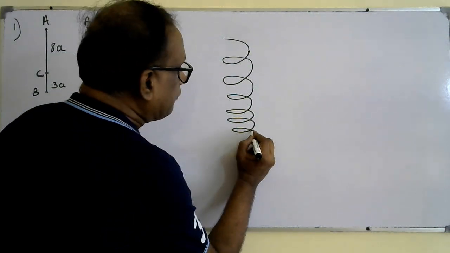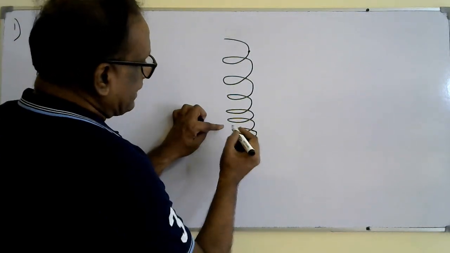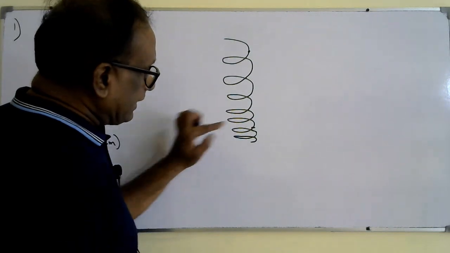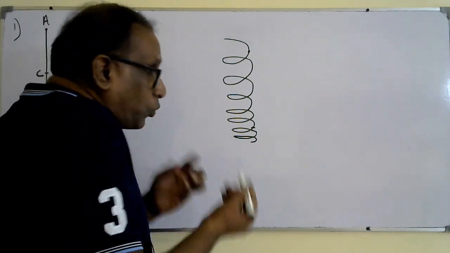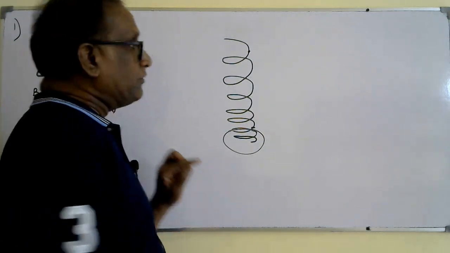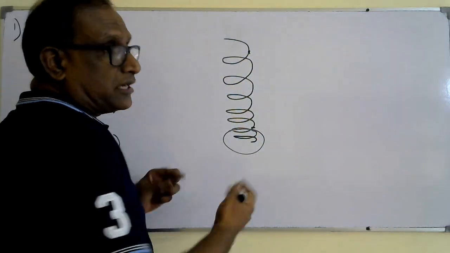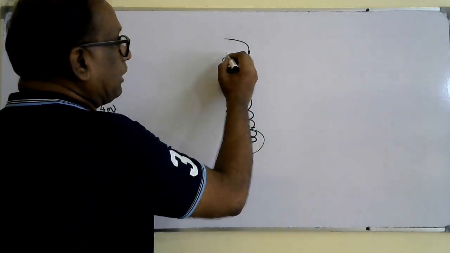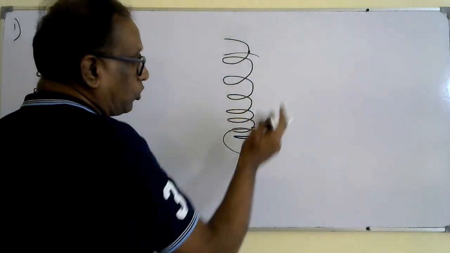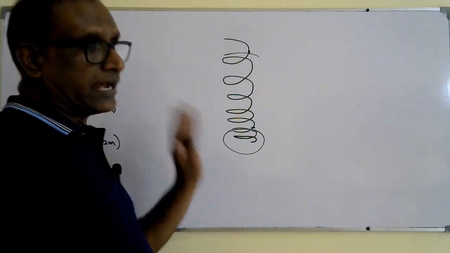But at the bottom point, the extension is very small, because the tension acting there is only the weight of the portion below that point. Here the tension is less, so the extension is less. In the same way, you can compare it by analogy.